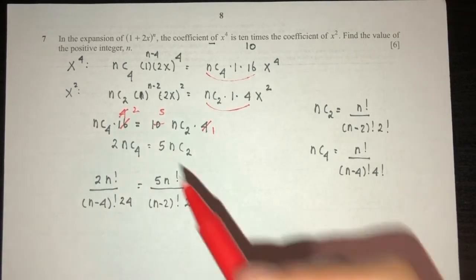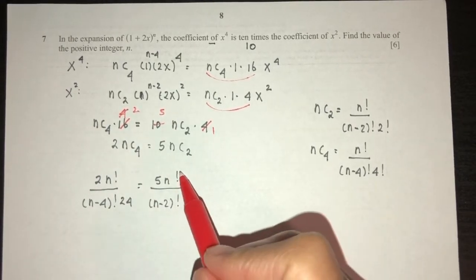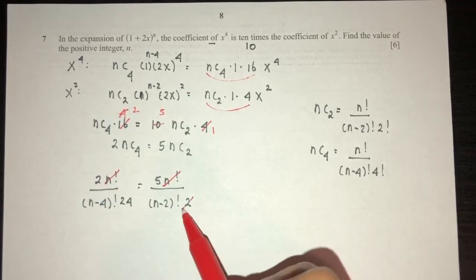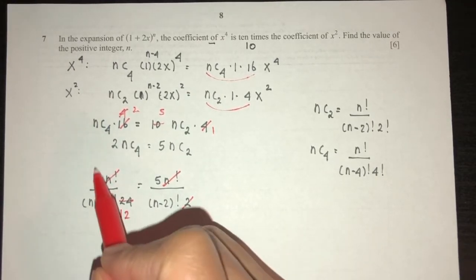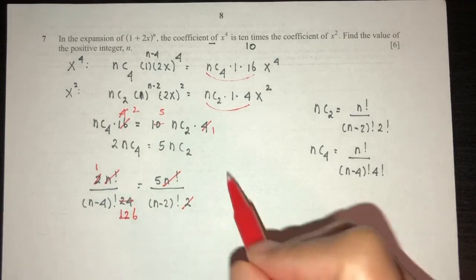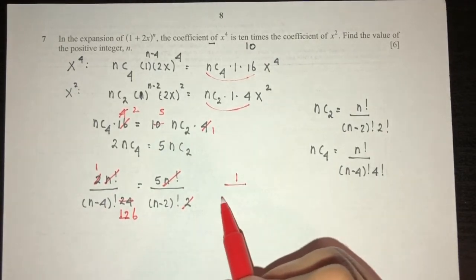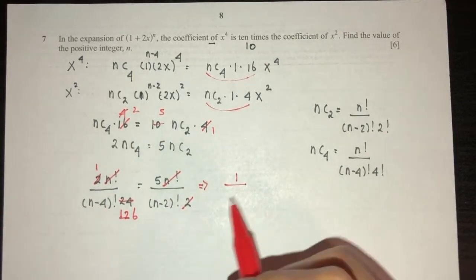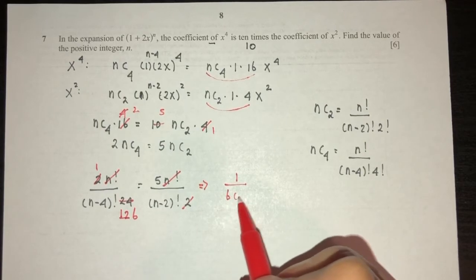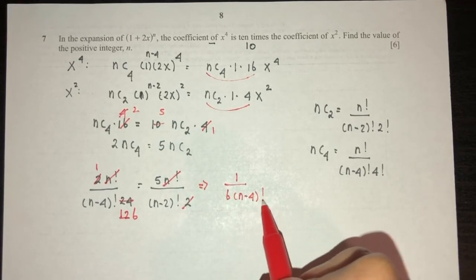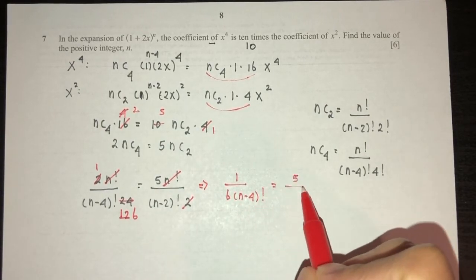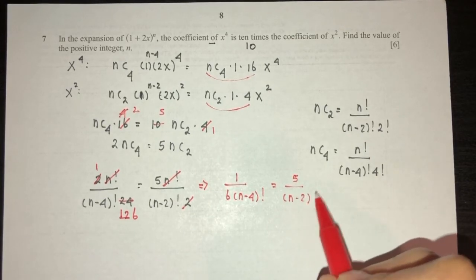So simplify. That will cancel out. 12, that will be 6. So you have 1 over 6 n minus 4 factorial equal to 5 over n minus 2 factorial.